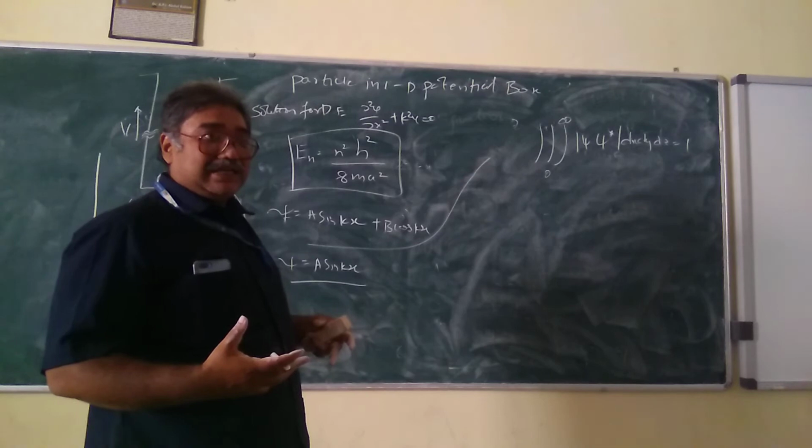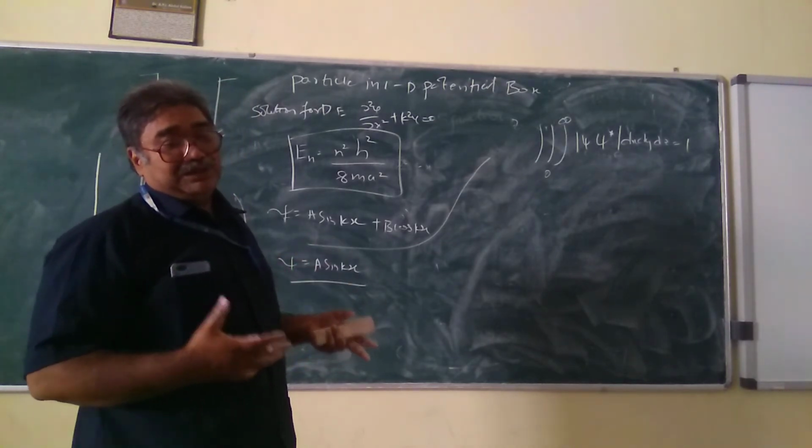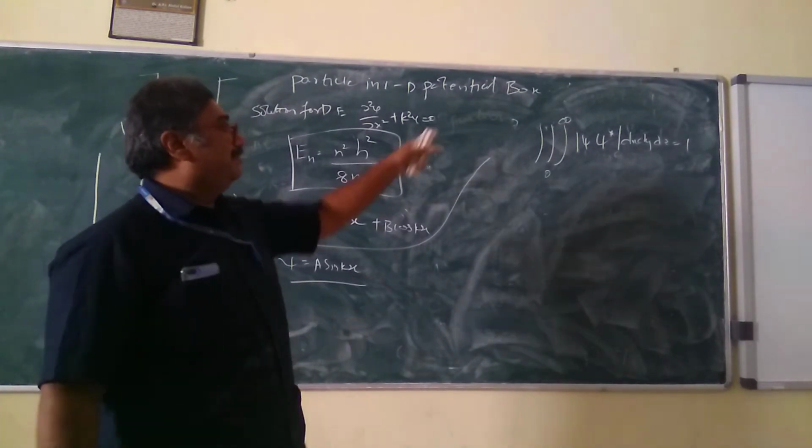But psi individually doesn't have much physical representation. That's the reason why we need to convert those complex numbers into the intensity part. For that reason, we are going to take this.